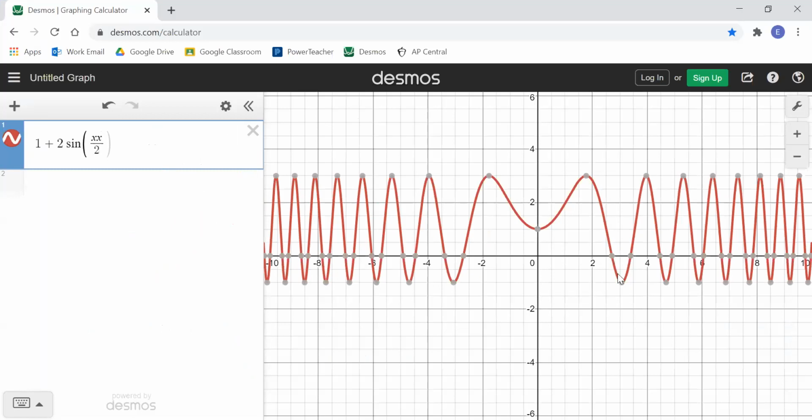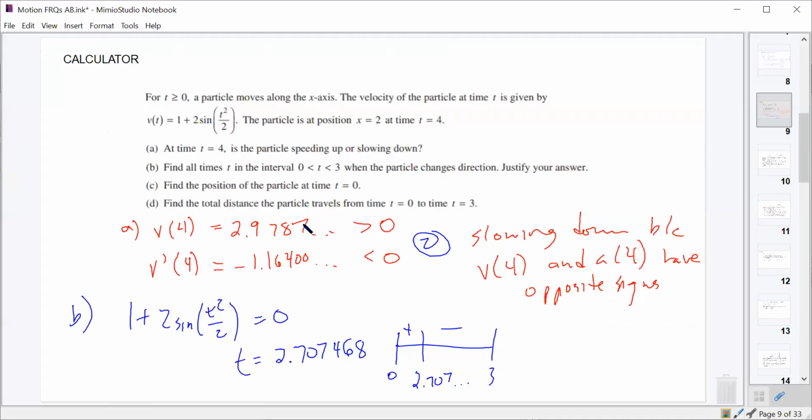It went from moving to the right to moving to the left. Good or no? Good. 1 point for the number, 1 point for the justification, either a sentence that said that v changed from positive to negative, or a sign chart that shows that's what you had. And always make sure you indicate what your sign chart is showing.